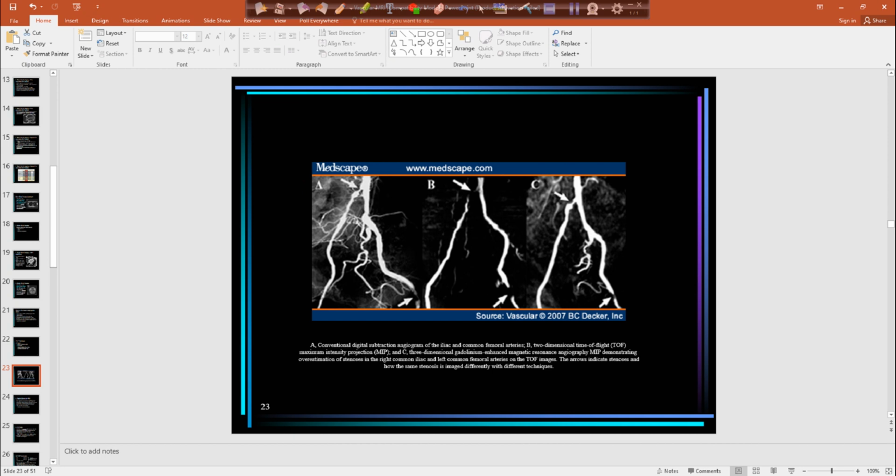This is just a visual representation of the difference in these different types of MRA sequences. Here on the left, we have a digital subtraction. So the flow that has a change in phase is going to be bright, and then our stationary tissue is usually subtracted out.